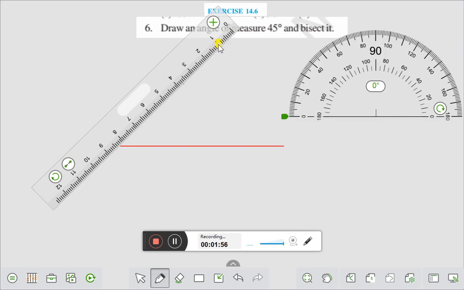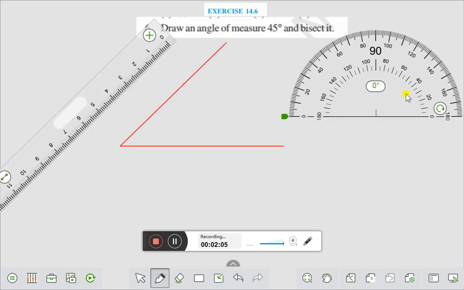Now draw this line. Now this is a 45 degree angle, right?